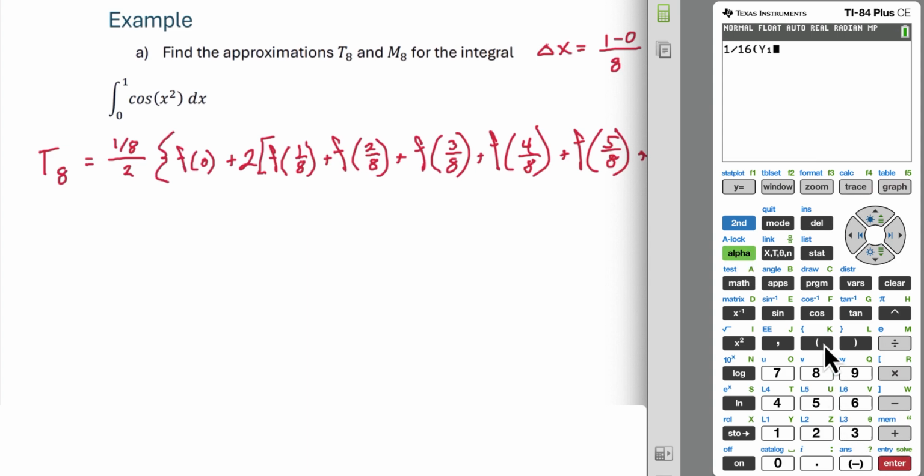And we need to type in 1/8. And we need to type in 0 plus 2, open parenthesis, put in the function evaluated at 1/8. And we'll continue that pattern.